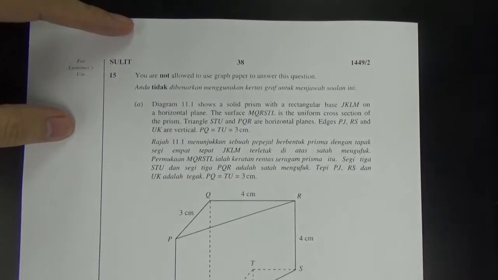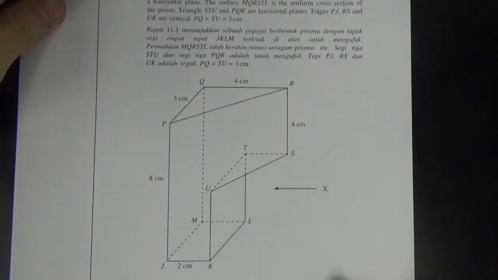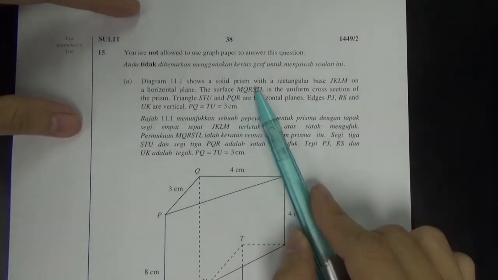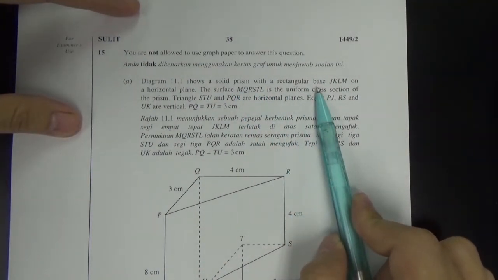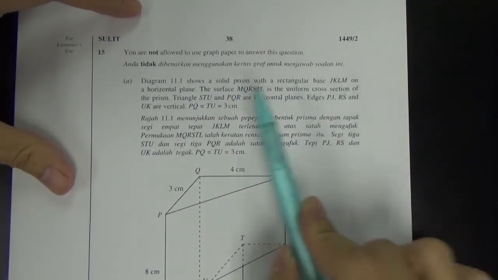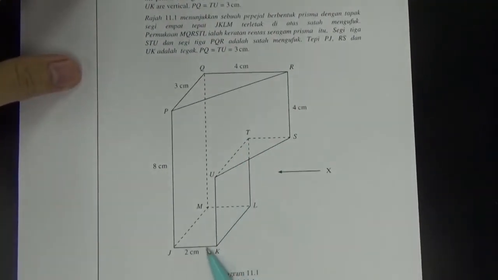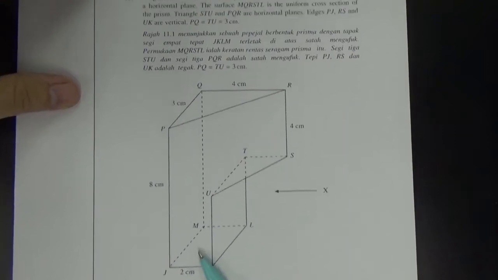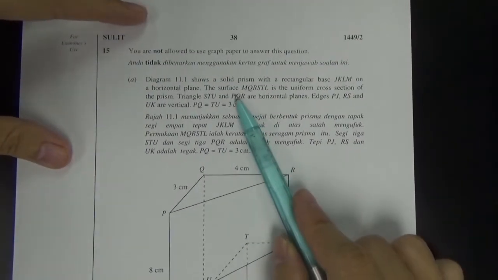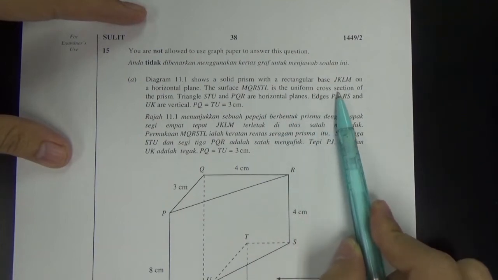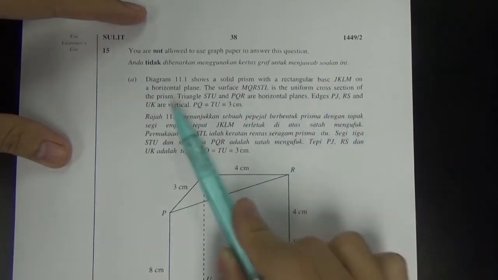In part A, we have diagram 11.1. It shows a solid prism with a rectangular base JKLM on a horizontal plane. So JKLM is this horizontal surface. The surface MQRSTL is a uniform cross-section of the prism.